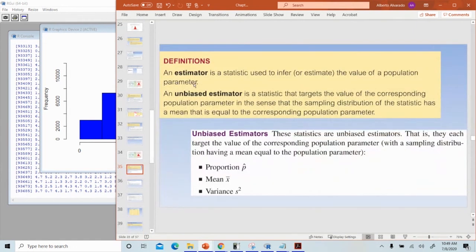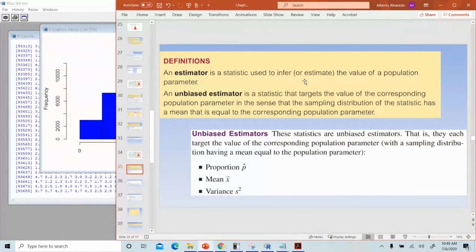Okay, so an estimator is a statistic used to infer the value of a population parameter, which is what we've been talking about. We use a random sample of voters to estimate the voters that will vote for Trump in the next election.